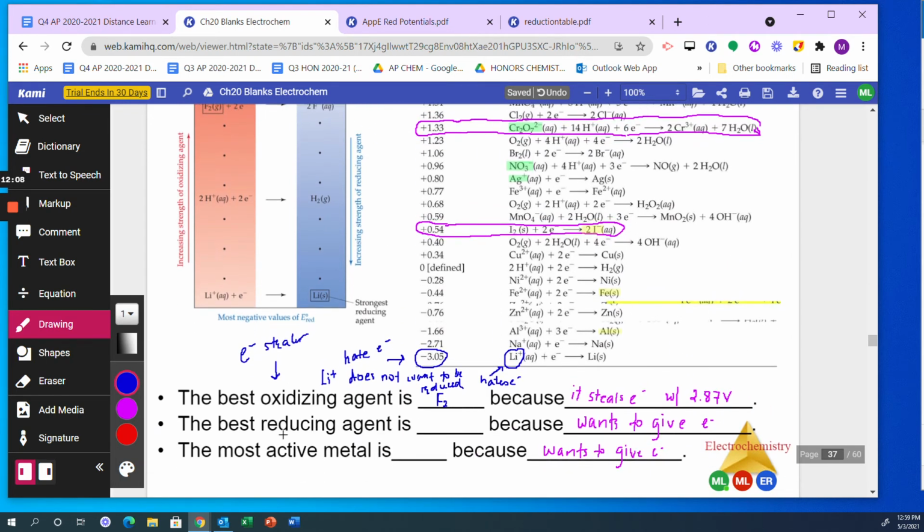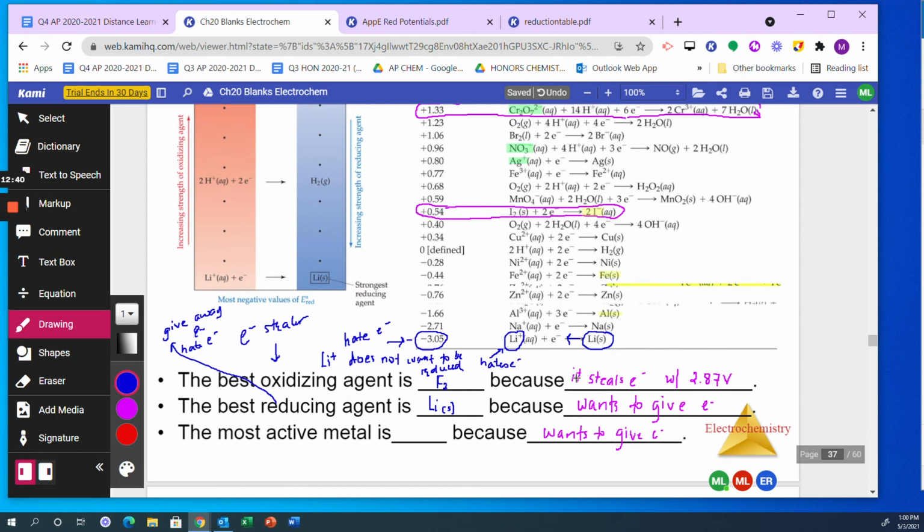The best reducing agent wants to give away electrons. That means it hates electrons. So that would have to be Li solid. It wants to go backwards. So Li solid wants to give away electrons. If it goes backwards, this becomes a negative in front of it, positive 3.05 cell potential.